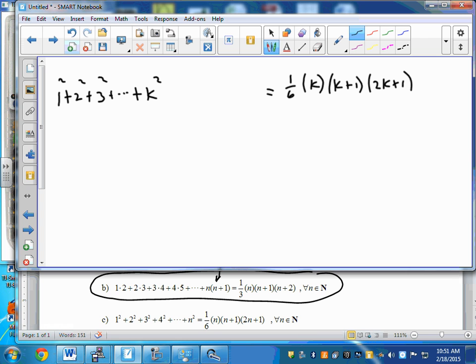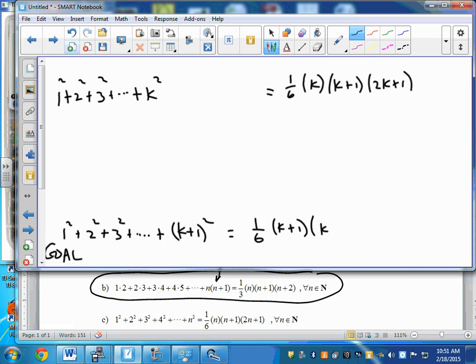Our goal was 1 squared plus 2 squared plus 3 squared plus dot dot dot plus k plus 1 squared, which is supposed to be equal to 1/6 times k plus 1 times k plus 1 plus 1. I'm going to write that as k plus 2. And then times 2 times k plus 1 plus 1. Okay, so somehow we've got to get from this assumption down to the goal.